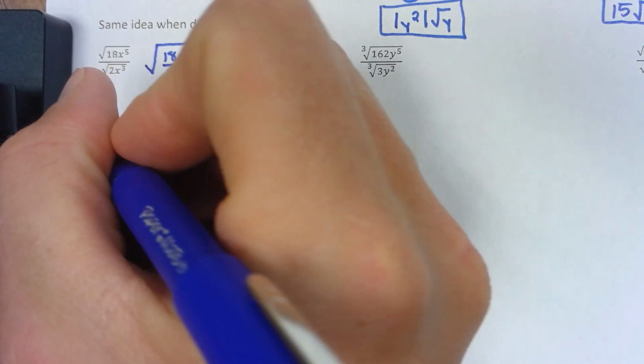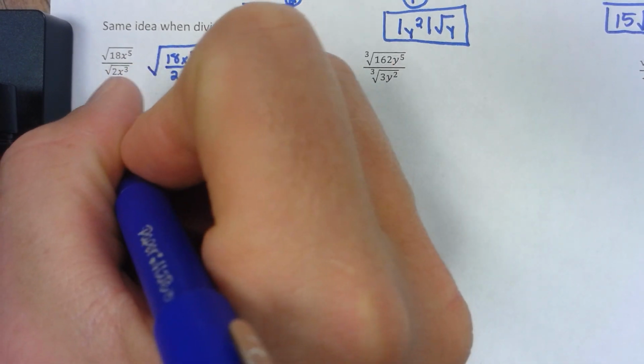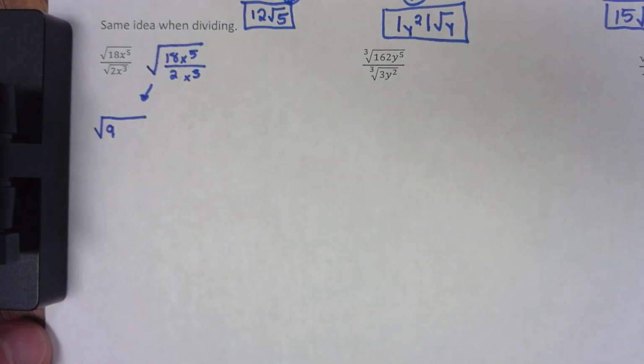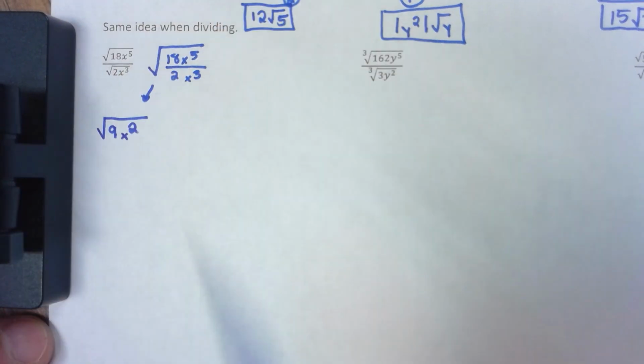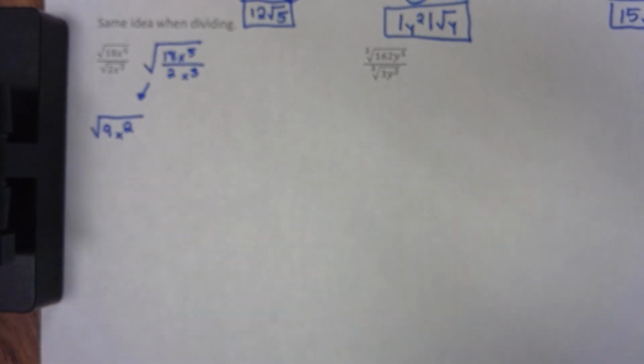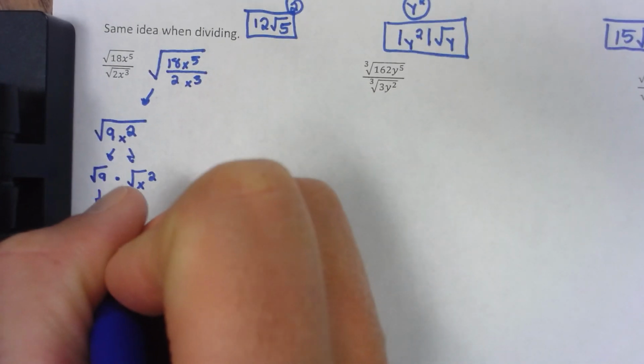18 divided by 2 is 9. So really we're simplifying the square root of 9. X to the 5th divided by x cubed. If I subtract those exponents, that gives me x squared. So really, I'm simplifying the square root of 9x squared here. And that works out really nice. It works out nice because when we break this down, we get root 9 times root x squared, where root 9 is 3.